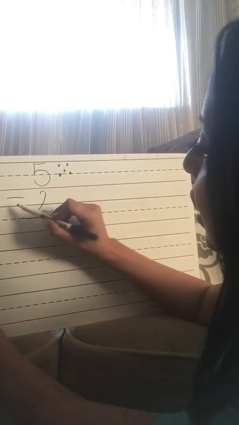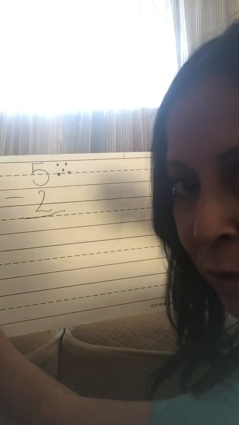Subtraction means you're taking away. So with addition, we know that we're adding 2 numbers together to get a brand new number, which is our sum. An addition answer is called a sum.